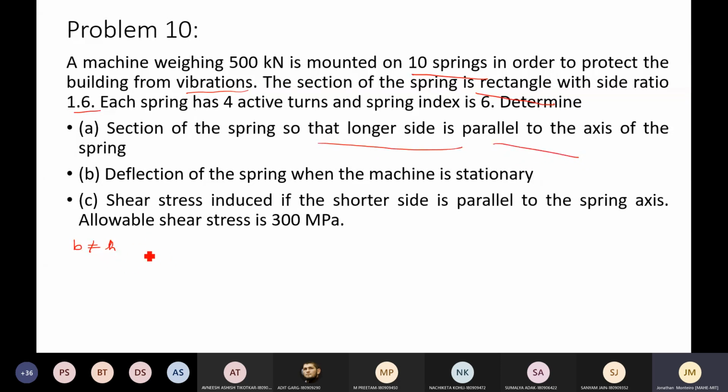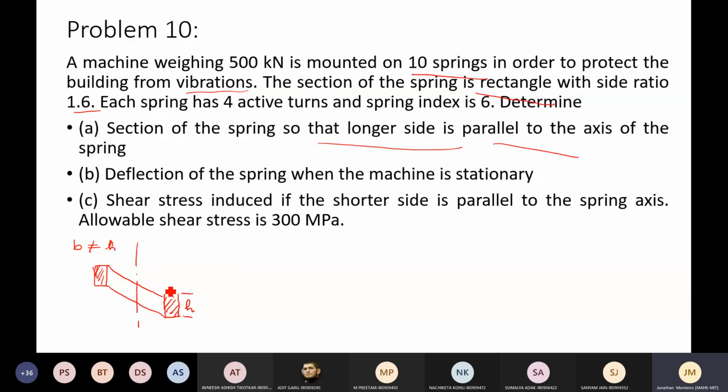Whenever you have an axis and this is the cross section you are dealing with, when you say longer side, this will be the condition. Usually the springs are made like this, but not to say that it is always like this. Similar to beam theory, where beams are most effective when the depth of the cross section, from top to bottom, is more than the width.